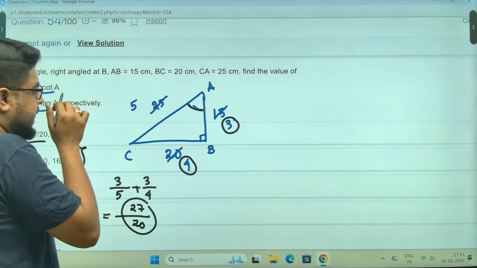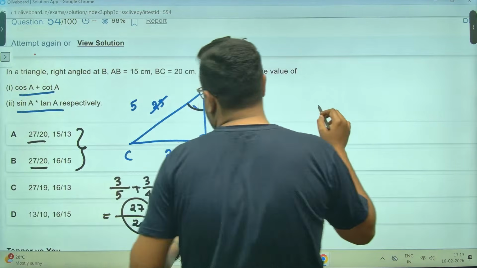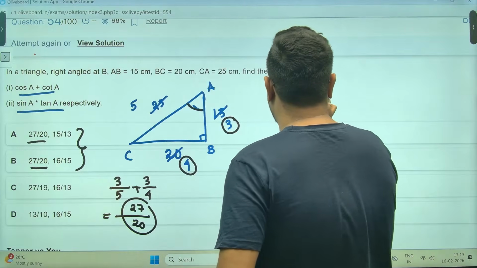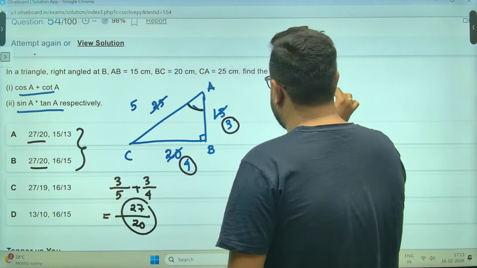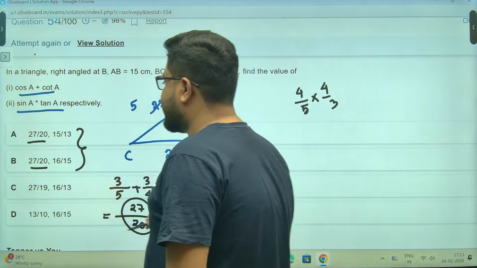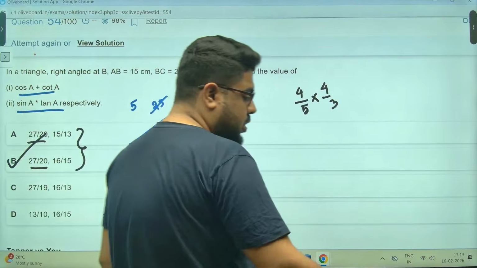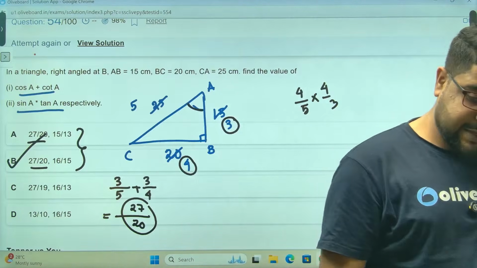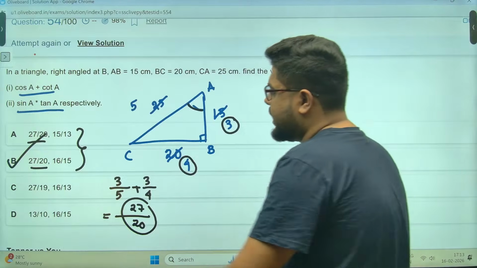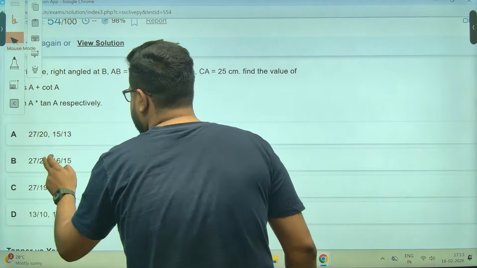The second part, sin A into tan A. Sin A would have been 4 by 5 into tan A would have been 4 by 3. 16 by 15. Sir, option B is the correct answer. Option B, 100% is the correct answer, sir. Right? Very simple. Not very difficult.